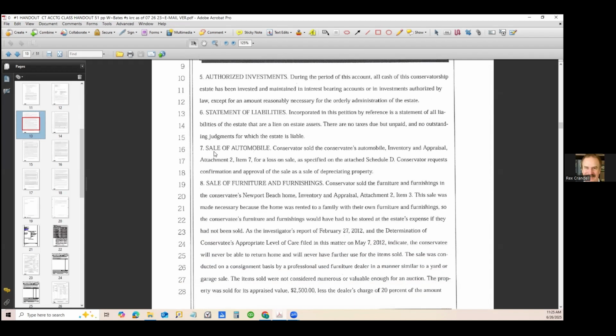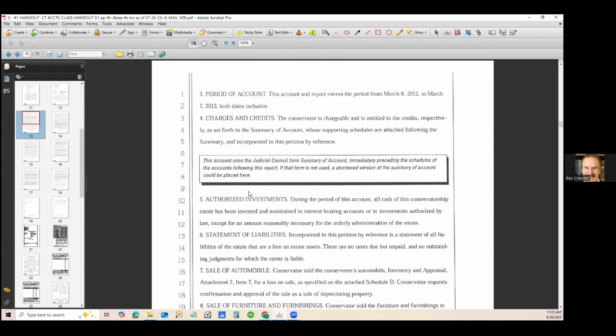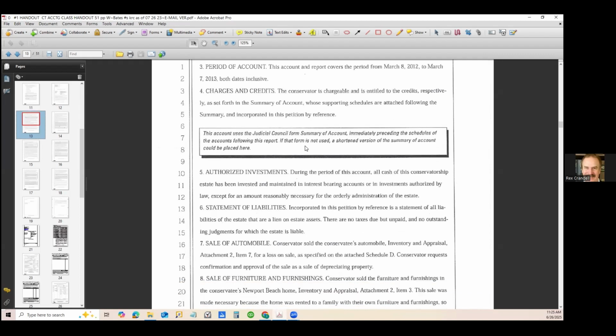Okay, this is optional. Now, this is one of the categories that is optional. I've said this in past classes, and then people turn in accountings where they find this optional item and they don't put it in, and they don't put in many other ones, because they just didn't think it was necessary.